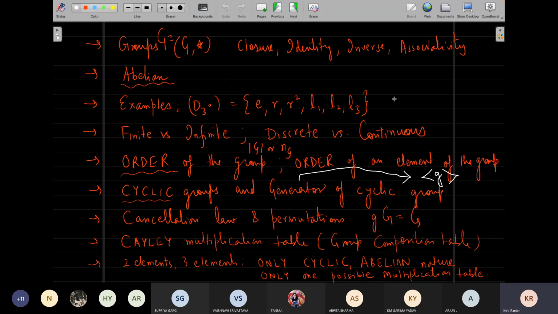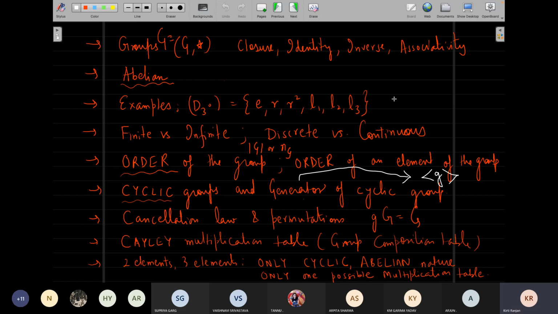We found that the commutative property is not mentioned anywhere. So groups are classified into abelian groups and non-abelian groups. Abelian groups are those in which the commutative property is also satisfied along with those 4. So for a set of elements to be a group, the commutative property does not need to be satisfied, but in case it does, we call that an abelian group.